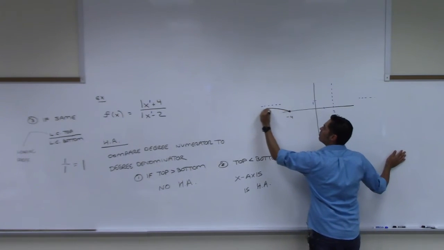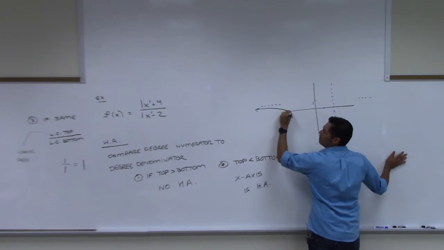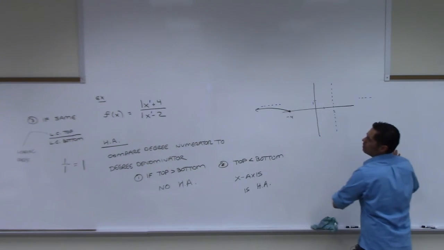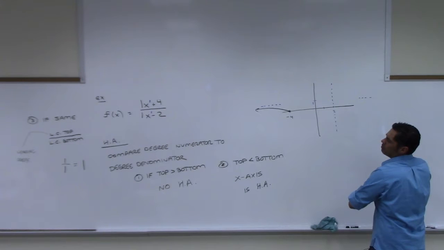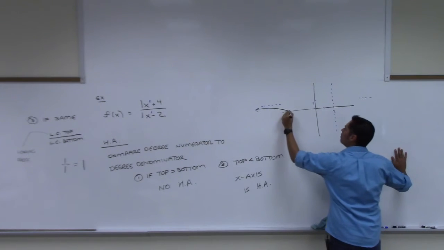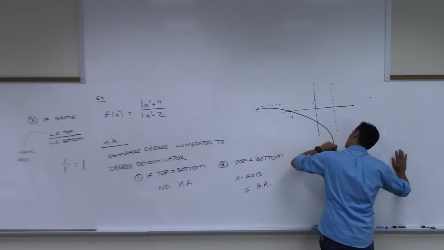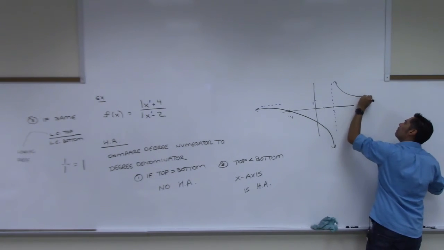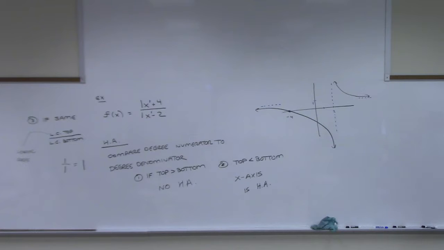This graph actually looks like this. You don't have to do this, okay? Whoa, wait a minute, hold on. 0, yeah, -2. That's what that graph looks like, all right?